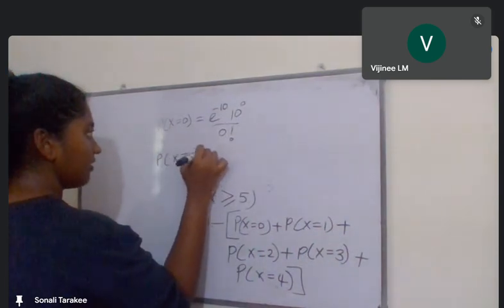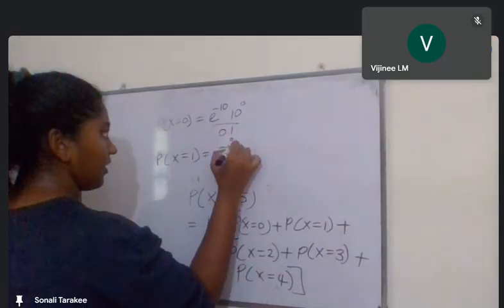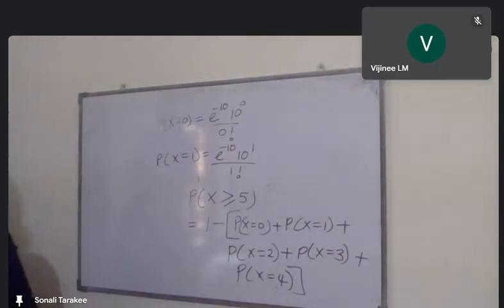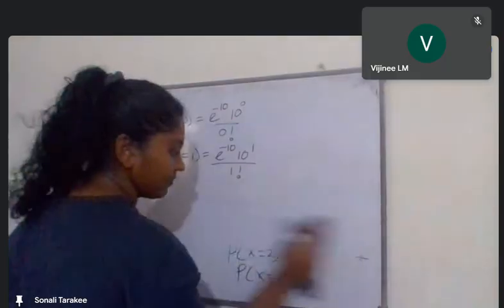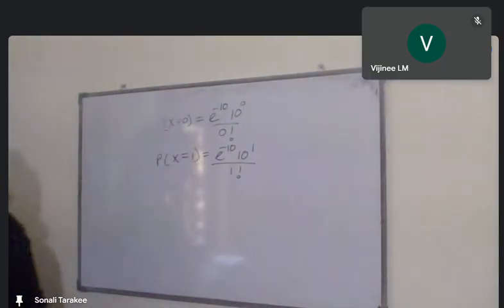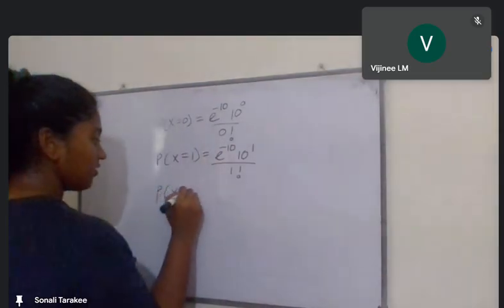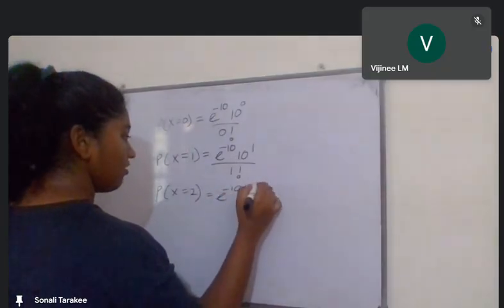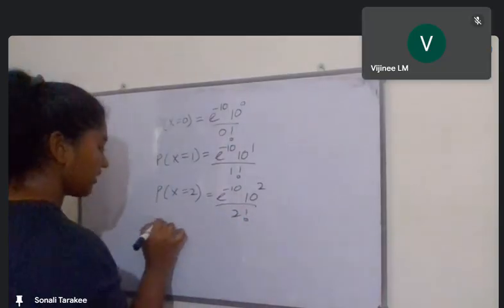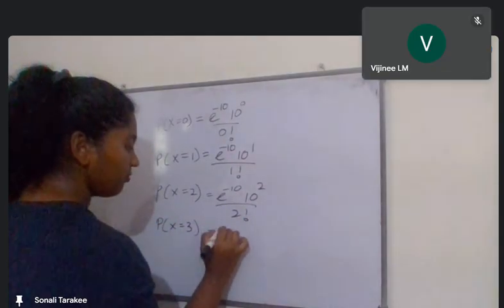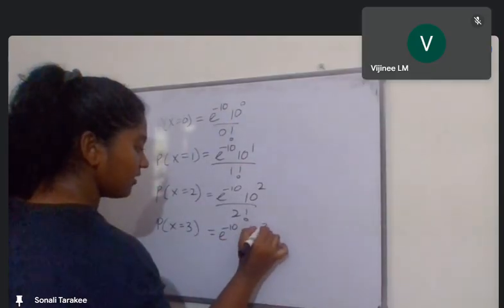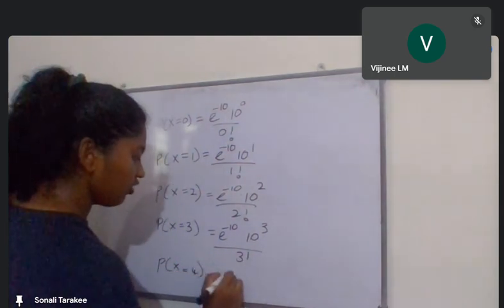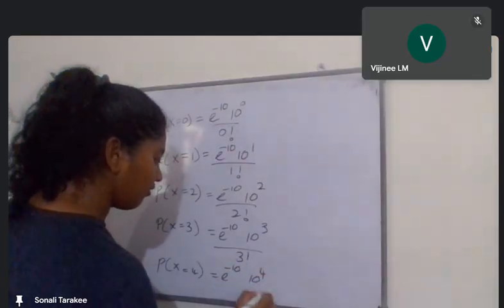P(x = 1) is e to the power minus 10, 10 to the power 1 over 1 factorial. Then P(x = 2), e to the power minus 10, 10 to the power 2 over 2 factorial. P(x = 3), e to the power minus 10, 10 to the power 3 over 3 factorial. P(x = 4), e to the power minus 10, 10 to the power 4 over 4 factorial.